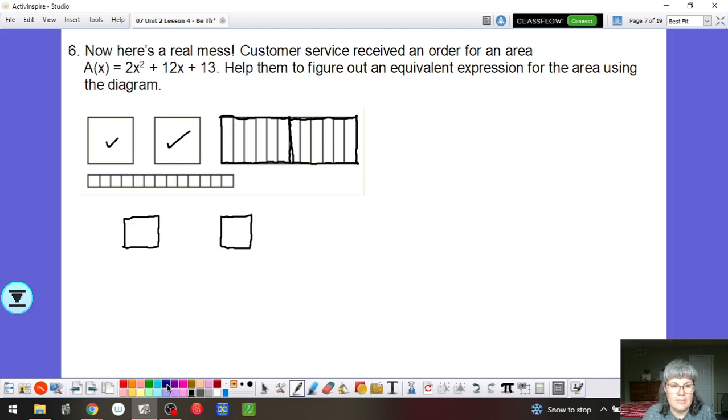And then they took it a step further and divided those into 2 equal-sized groups to see that a plus 3 was added as the dimension to each square.